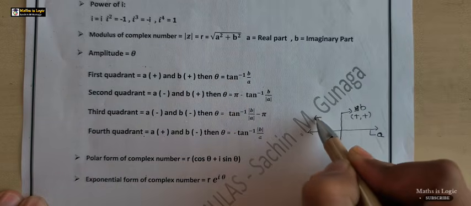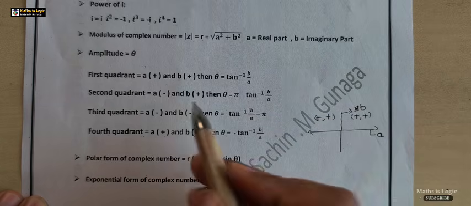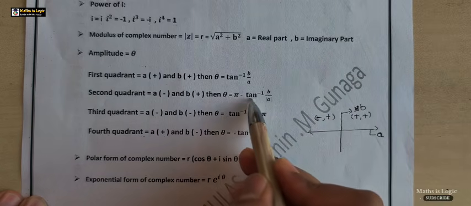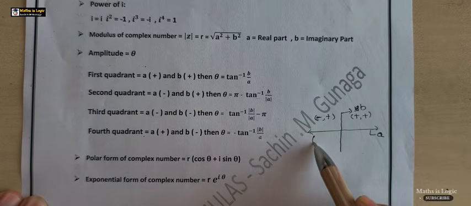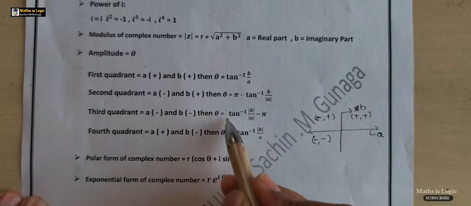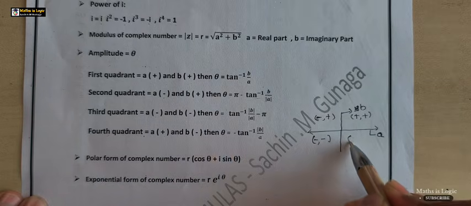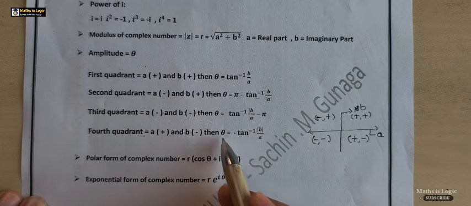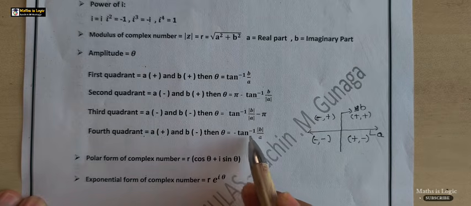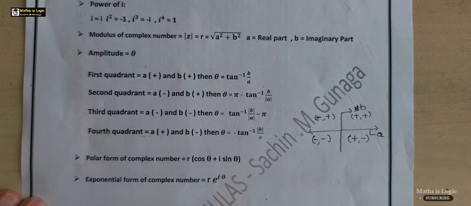Second quadrant, negative and positive, the angle theta formula is this. Third quadrant, both are negative, the formula is this. And in the fourth quadrant, a is positive, b is negative, so the amplitude theta formula is minus tan inverse of mod b divided by a.